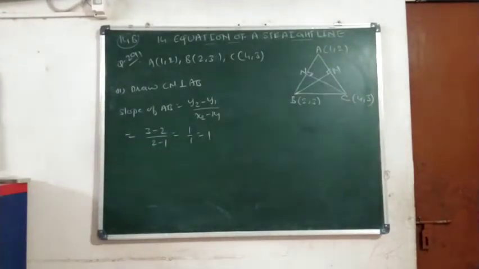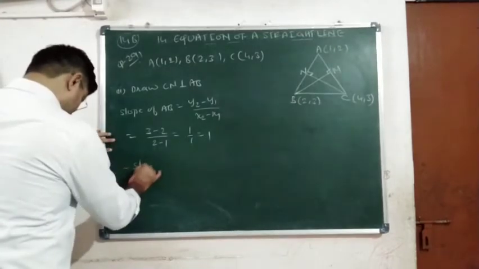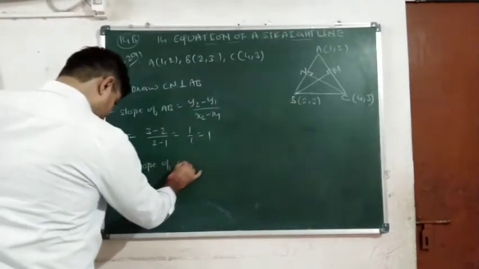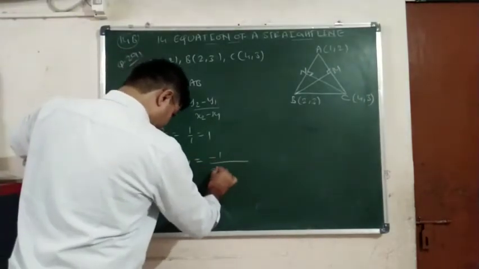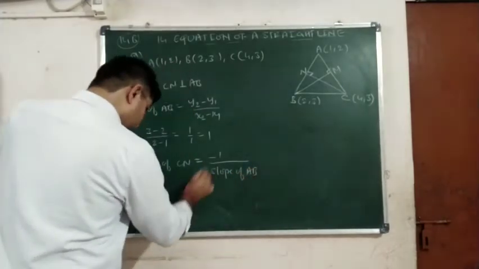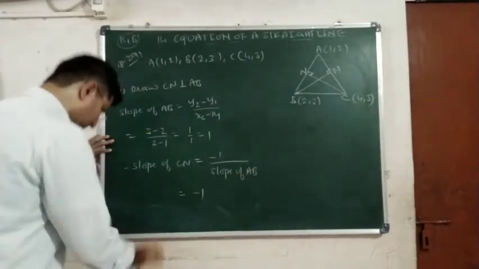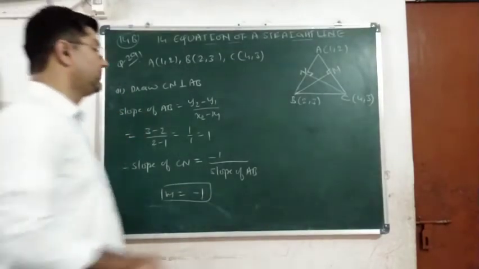So we got the slope of AB to be 1, and therefore slope of CN will be equal to minus 1 upon slope of AB. So negative reciprocal will be minus 1. So we got the slope of CN to be minus 1 now.